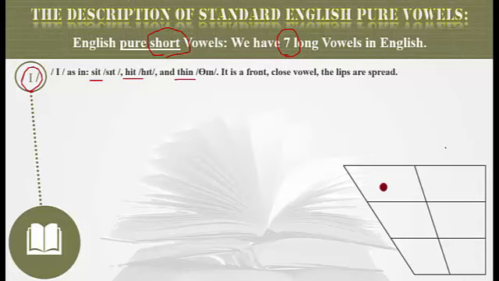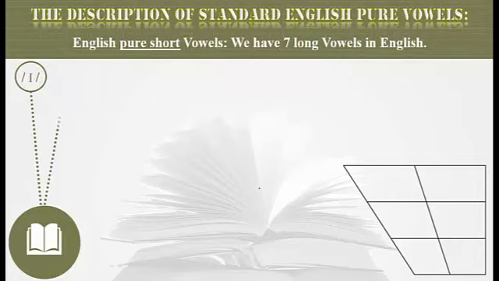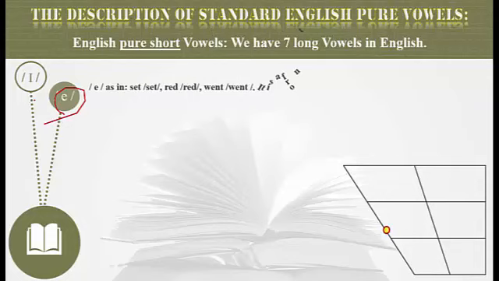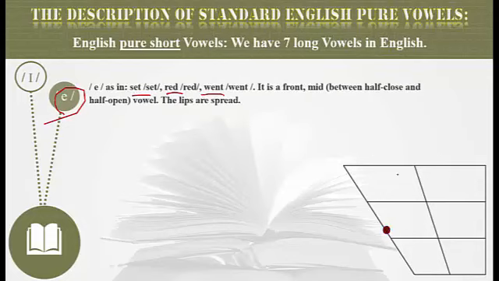If you look at its position in the figure, you realize that this is a front closed vowel. The lips have a spread shape. Next is the E sound, as in set, read and went. Judging from its position, this one is a front mid, that's to say between half closed and half open vowel. The lips have a spread shape.